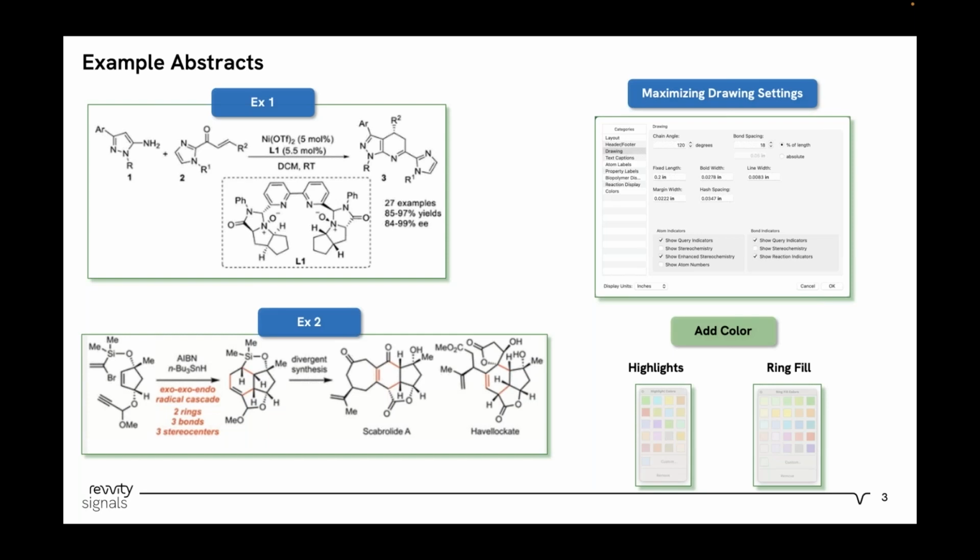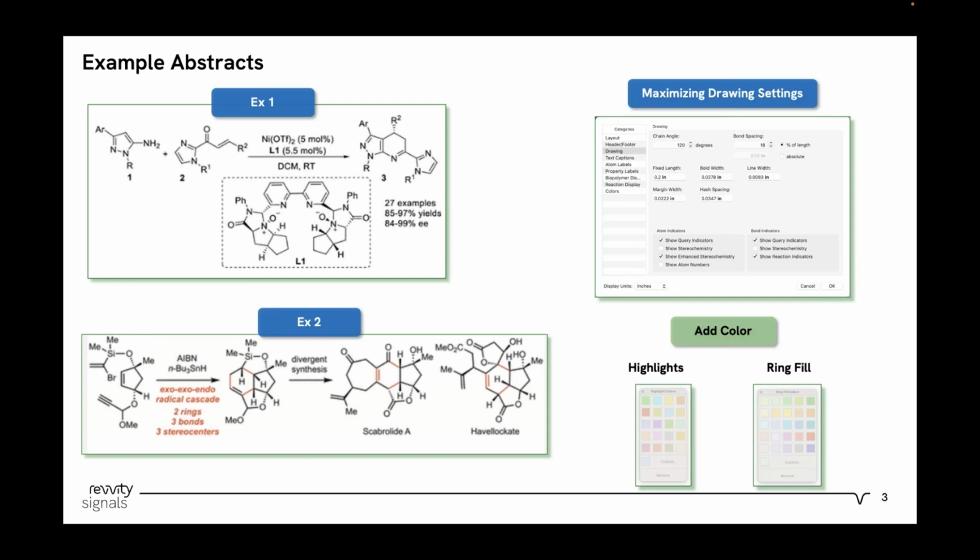Maybe it's your own drawing preferences, maybe it's the preferences and requirements for the journal publication that you are submitting for, and how to get all of that set up so that you don't have to mess with it. You can simply open a new template or style sheet to get exactly what you want and begin drawing.